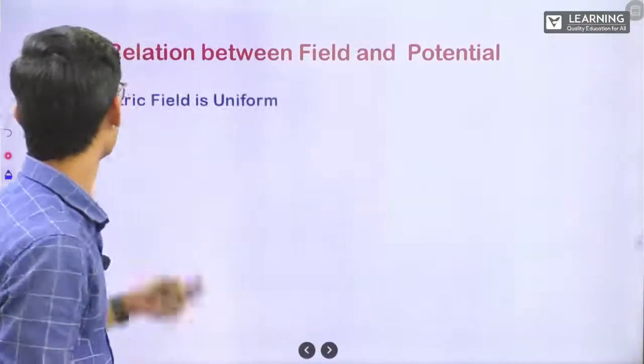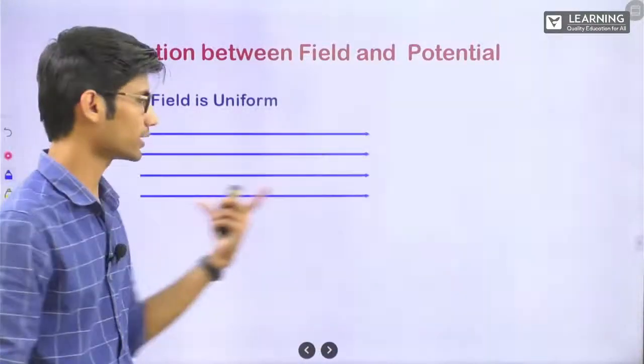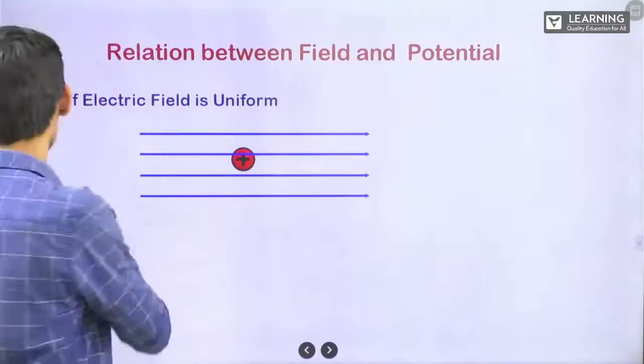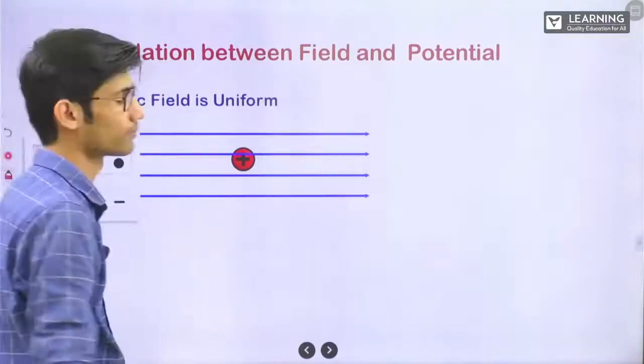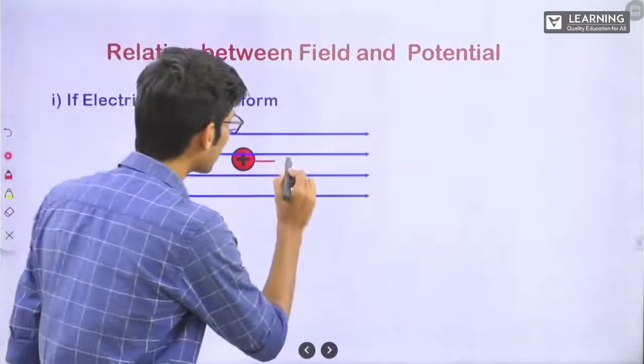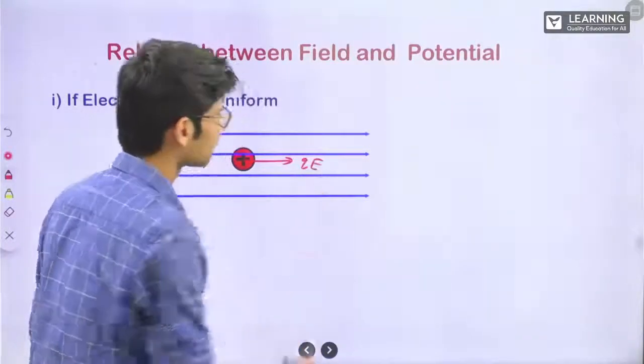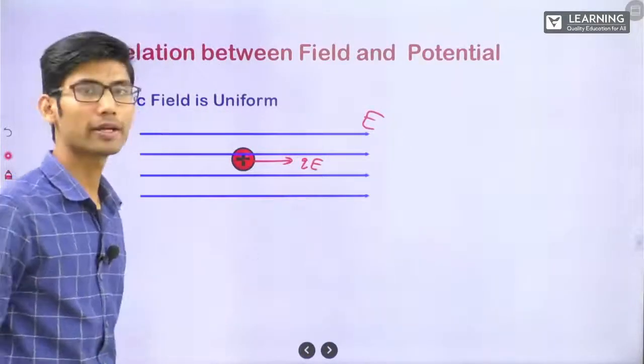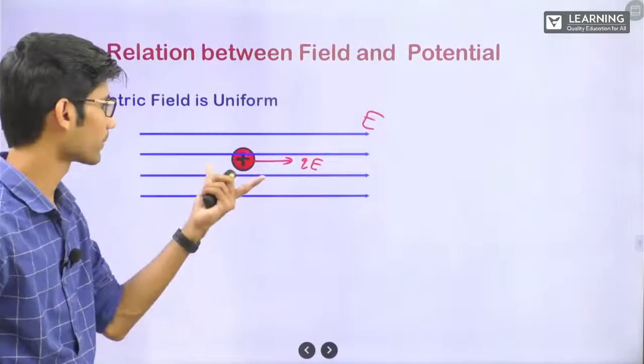Let's see. If electric field is uniform, suppose there is a uniform electric field, there is a charge present here. Now on this charge, a force is being applied like this. If this is E, electric field, force will be applied here, correct?